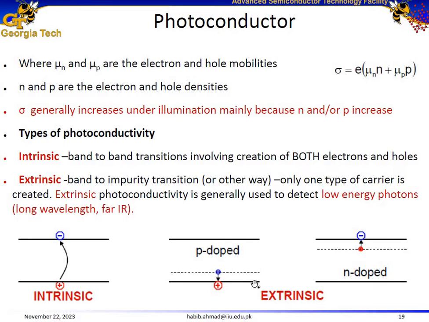And this gap is really narrow. This is around 30 millielectron volts, 40, 50 millielectron volts. So extrinsic photoconductivity is generally used to detect low energy photons for long wavelengths, for example, for infrared, where infrared means wavelengths above 750 nanometers.